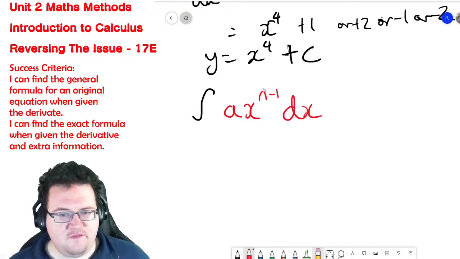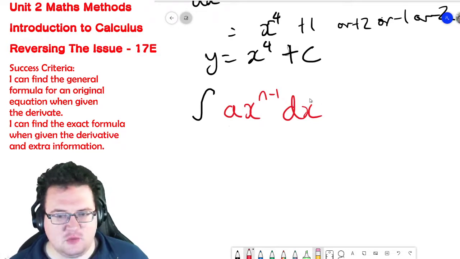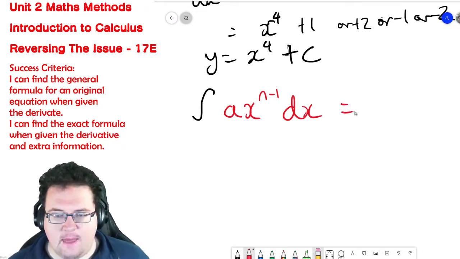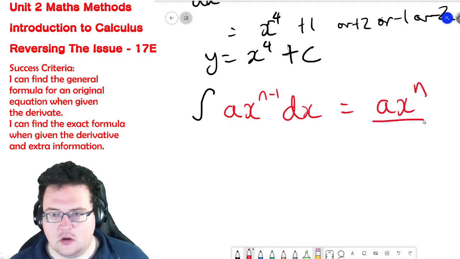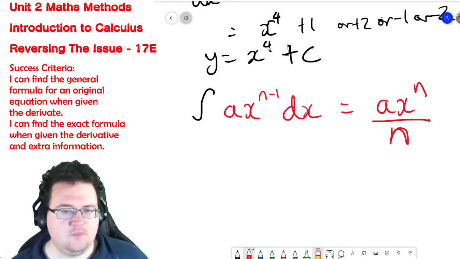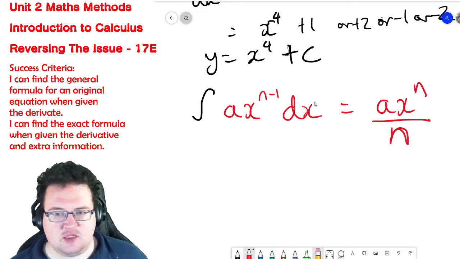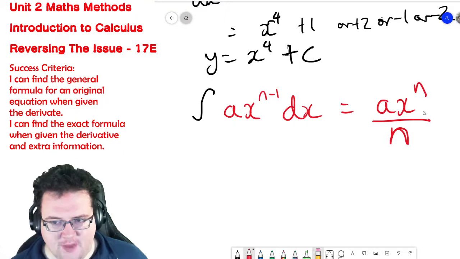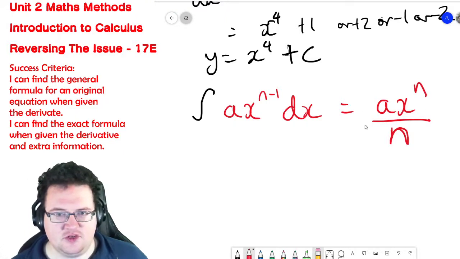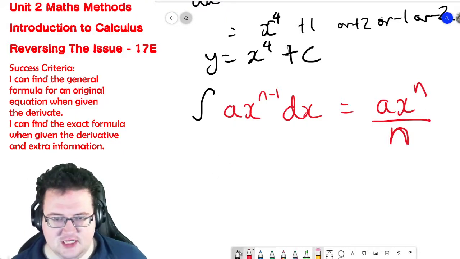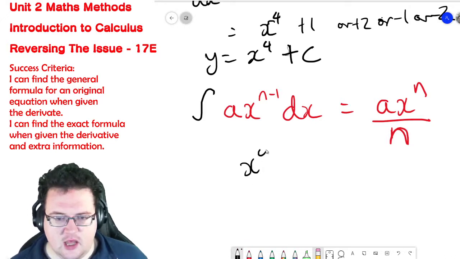So you've got a function, you're taking the antidifferential with respect to x, and that is then going to equal ax^(n-1), where you figure out what n is. You're then going to go back to the original n and then divide by the original number, which is what happened when we did x to the 4.